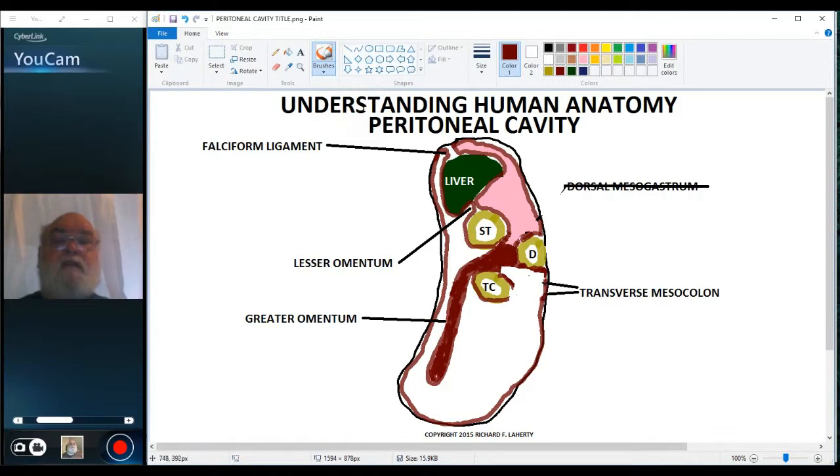Transverse mesocolon is here. So the transverse colon still has a mesentery.